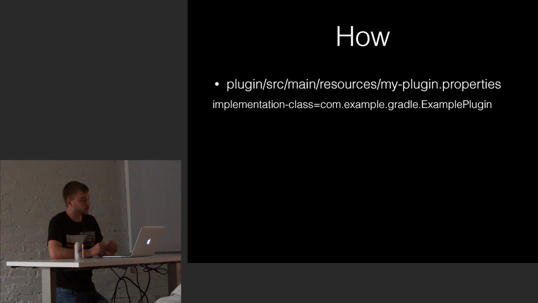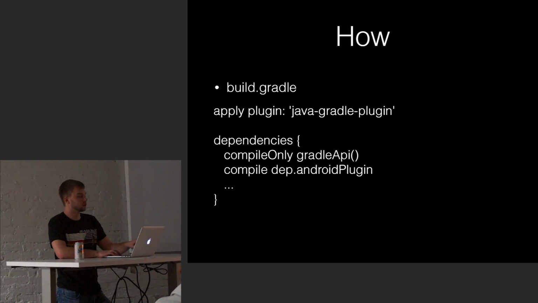The one important thing to note here is this my-plugin is actually important. That's what you would apply in your build.gradle, which would look something like this: apply plugin, Java Gradle plugin.